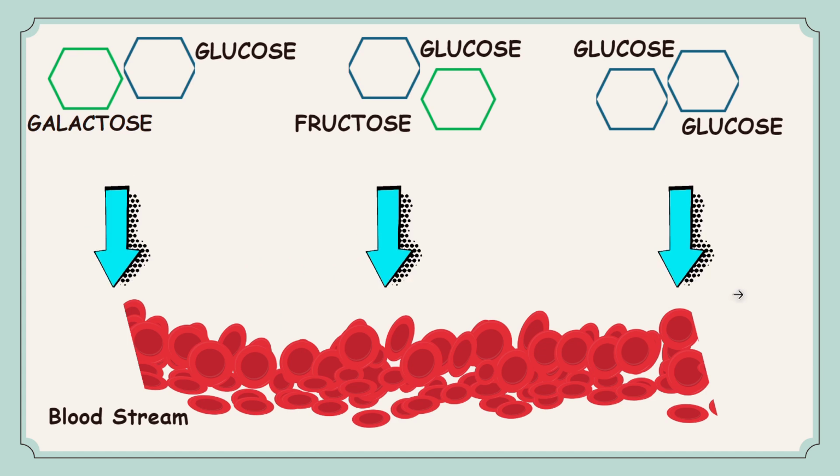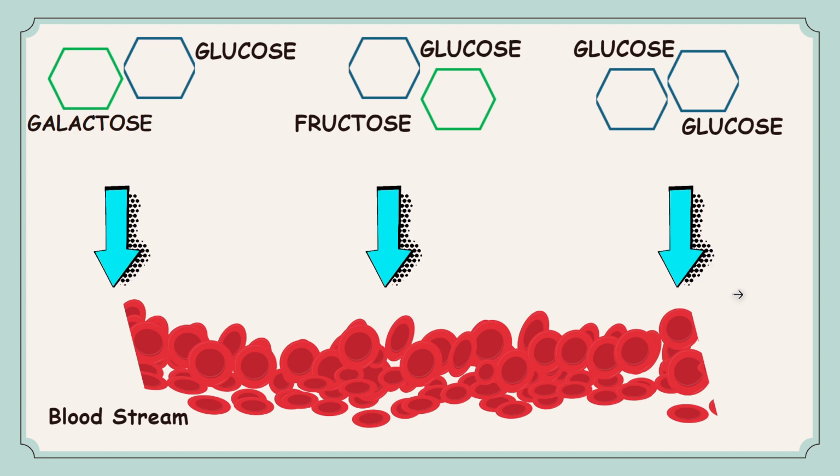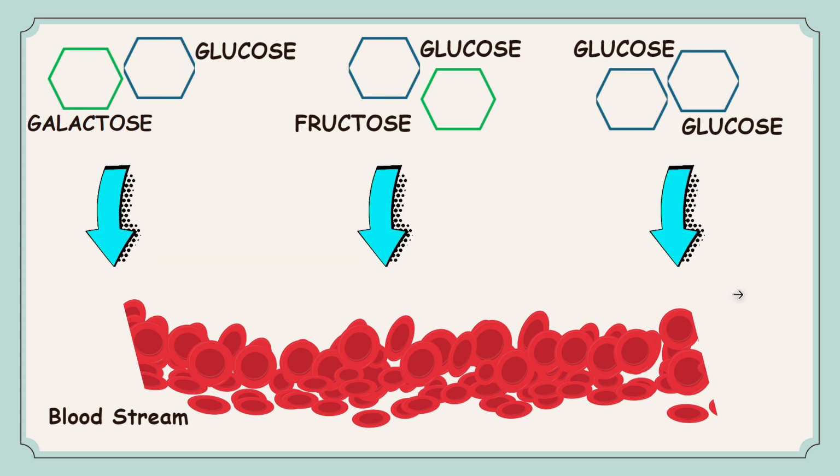Glucose, fructose, and galactose are the individual monosaccharides that are released during the digestion of larger carbohydrate molecules. These monosaccharides pass through the intestinal lining and enter the bloodstream to be used by the body.